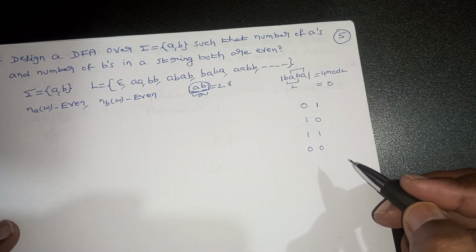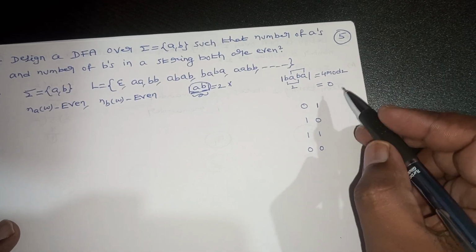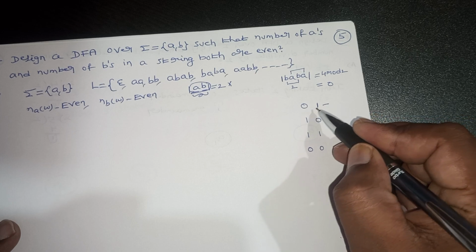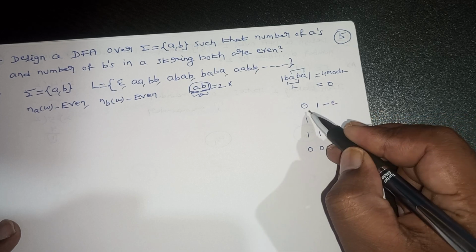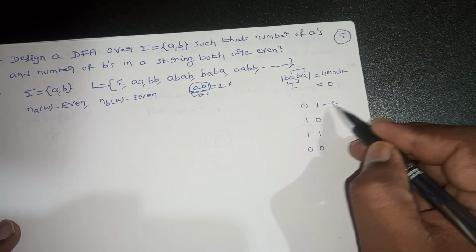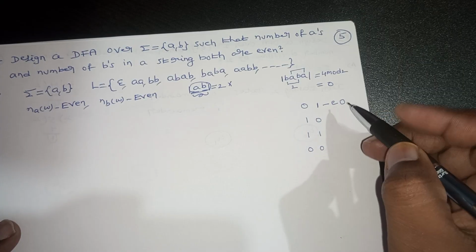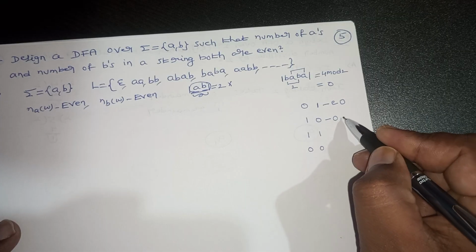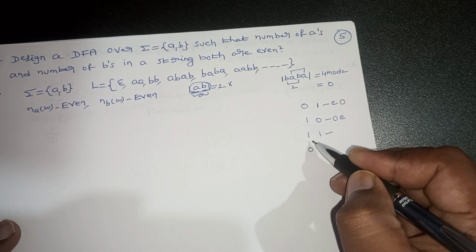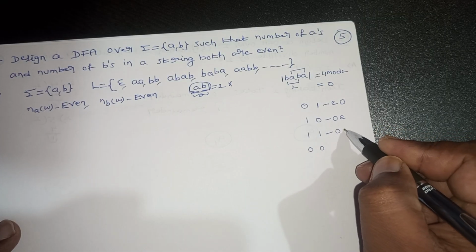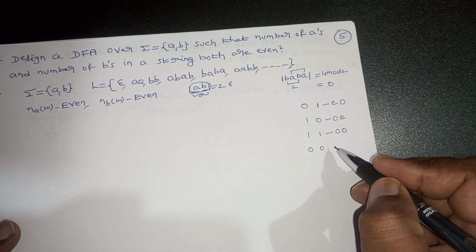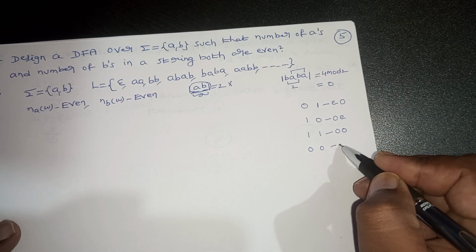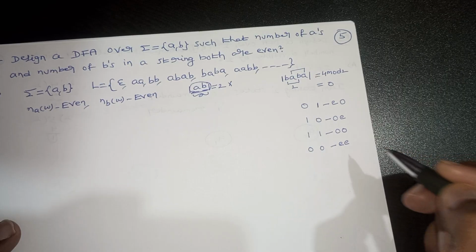It means even number of a's, odd number of b's; odd number of a's, even number of b's; odd number of a's, odd number of b's. So what is 0 0? Even number of a's, even number of b's.